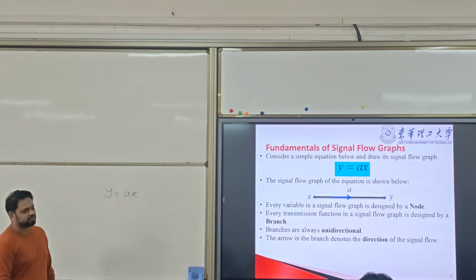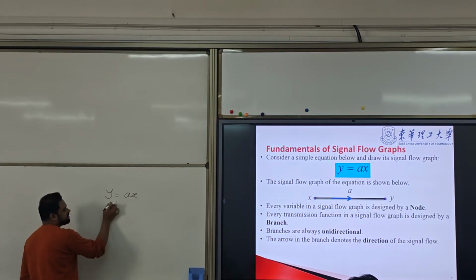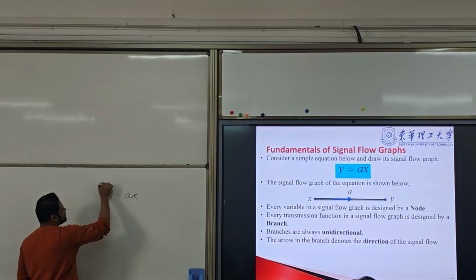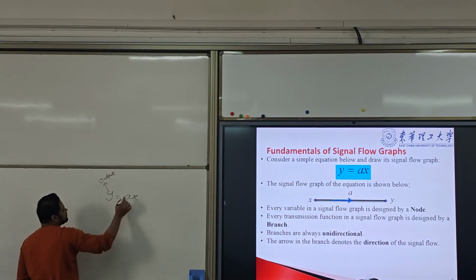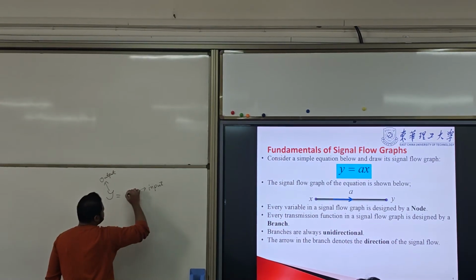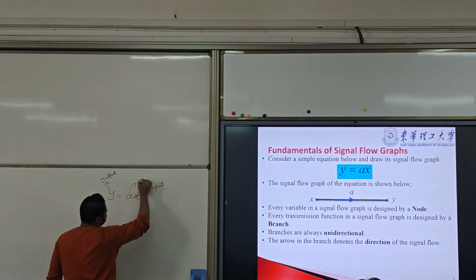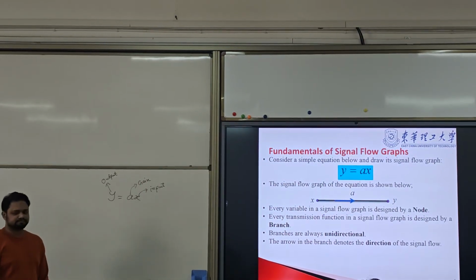First of all, we need to define what the inputs and outputs are here. This is the output for this equation, and this one is the input. And what is this? This is a constant value, or we can call it a gain.